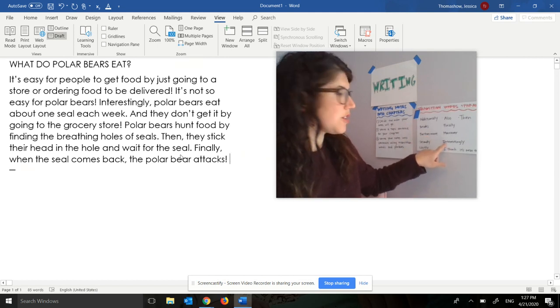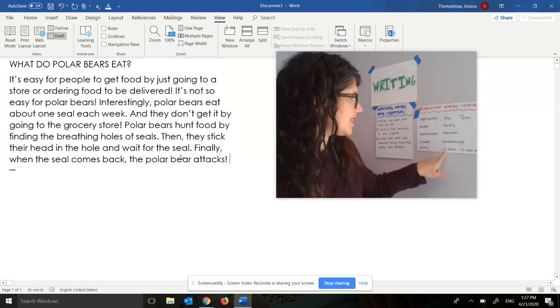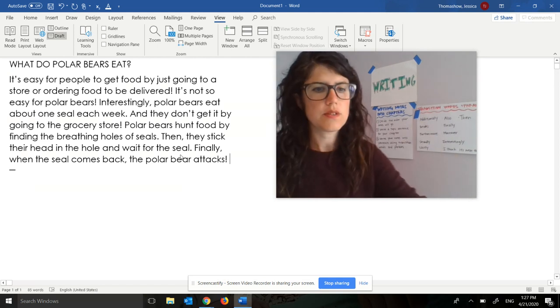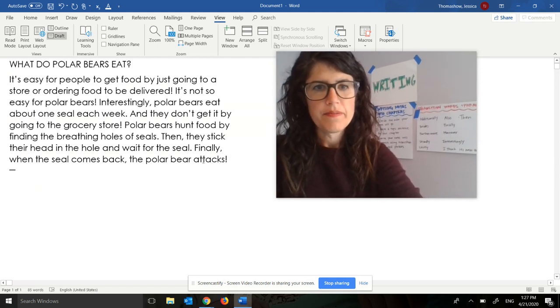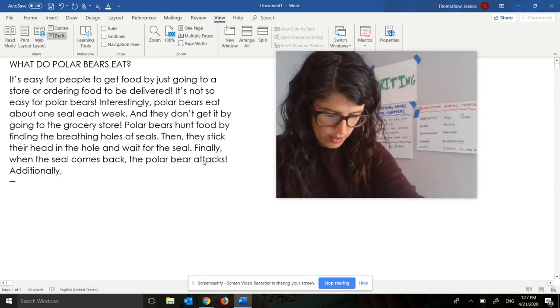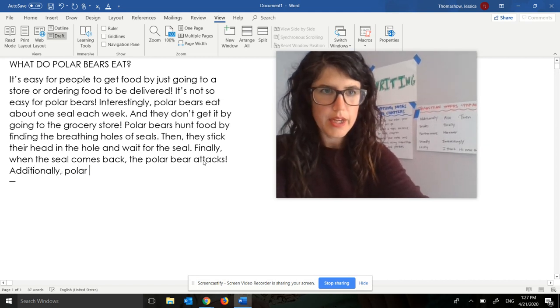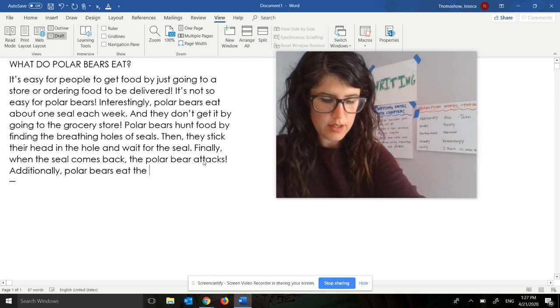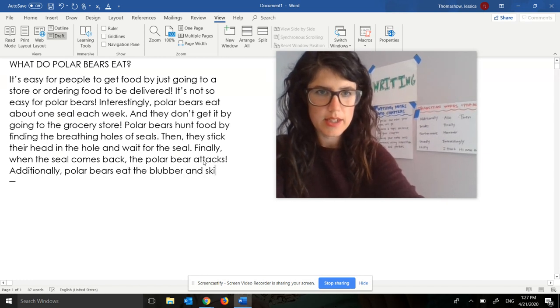I could use interestingly, but I already used that one. I could use, I think it's neat that. I don't know if I think that's so neat though. So I think I'll just use additionally. Additionally, polar bears eat the blubber and skin of seals.